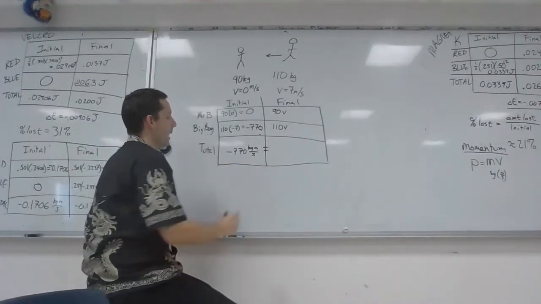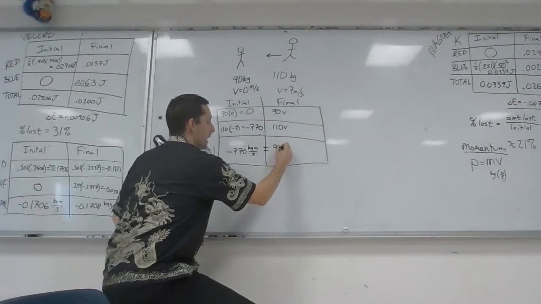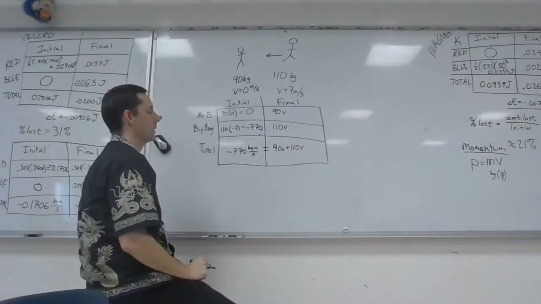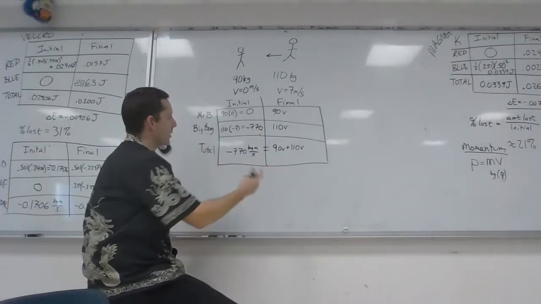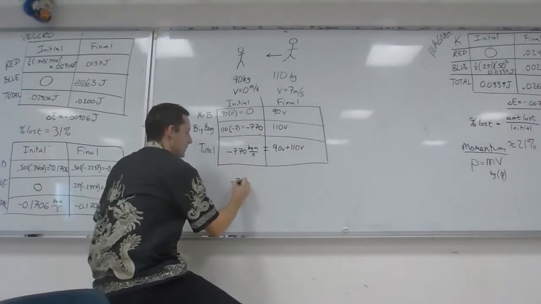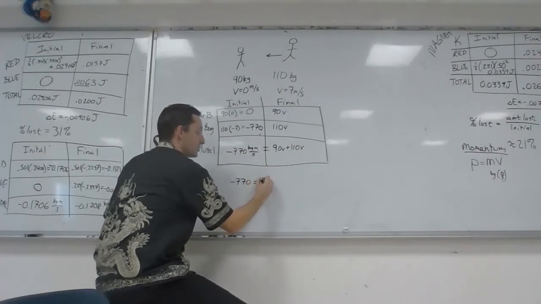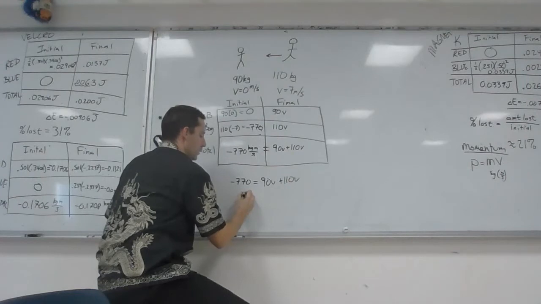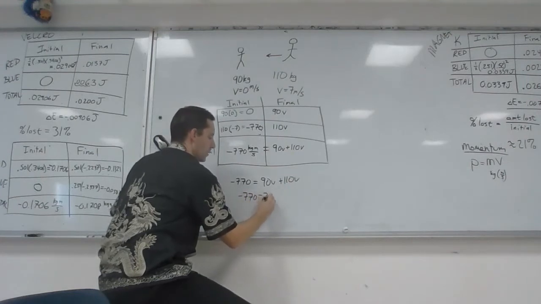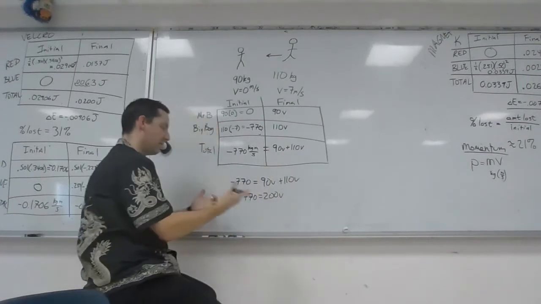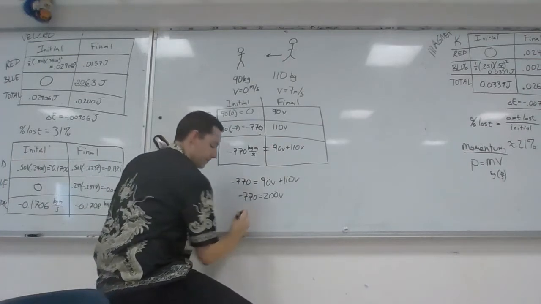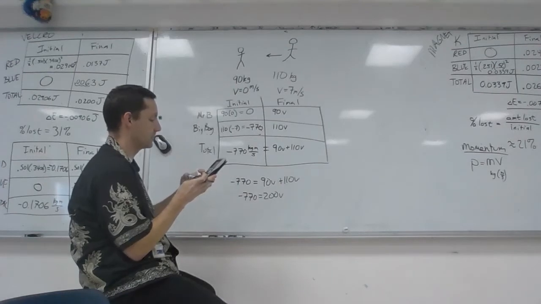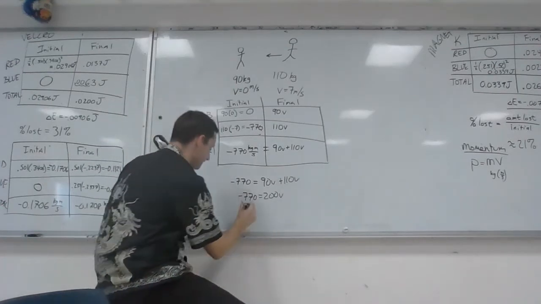Okay? And we can add those together. So 90 V plus 110 V. And when we put those together, we should end up getting -770 is equal to 90 V plus 110 V. And we divide, and we should get whatever 770 divided by 200 is, 3.85.